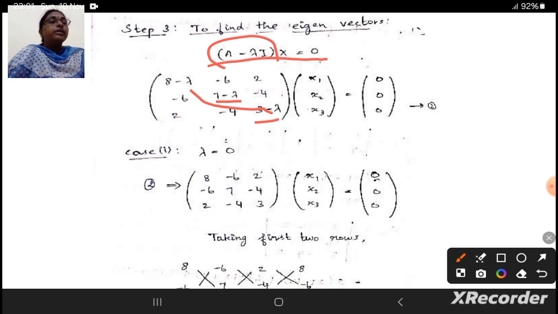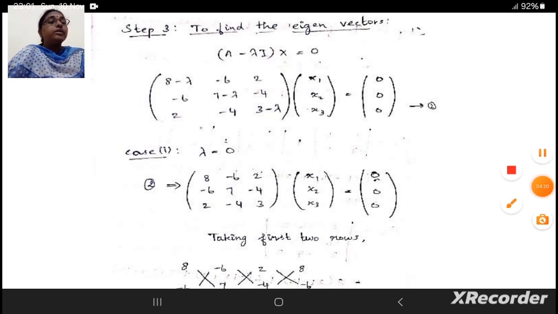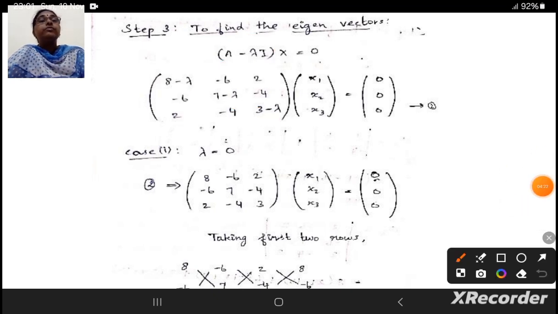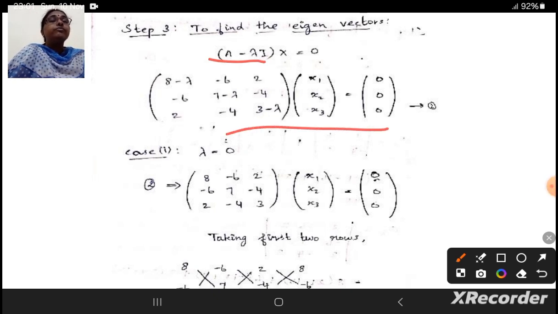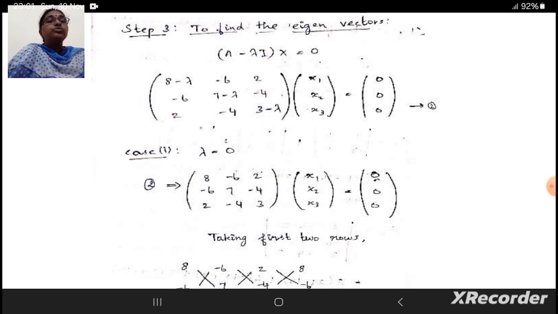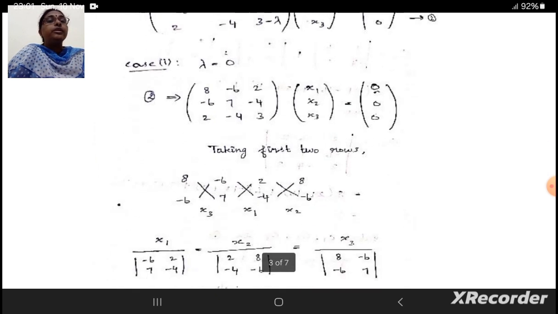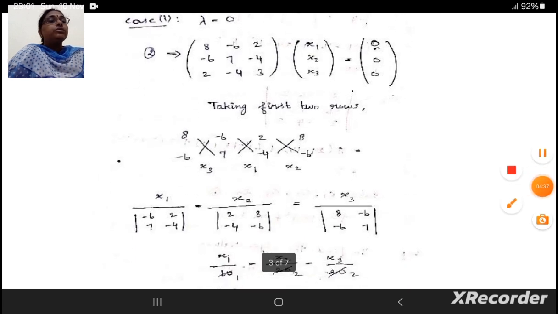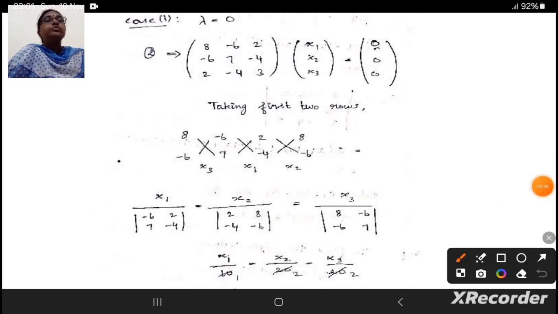One by one we substitute all the lambda values. Taking the first value, lambda equal to 0, we get this matrix.